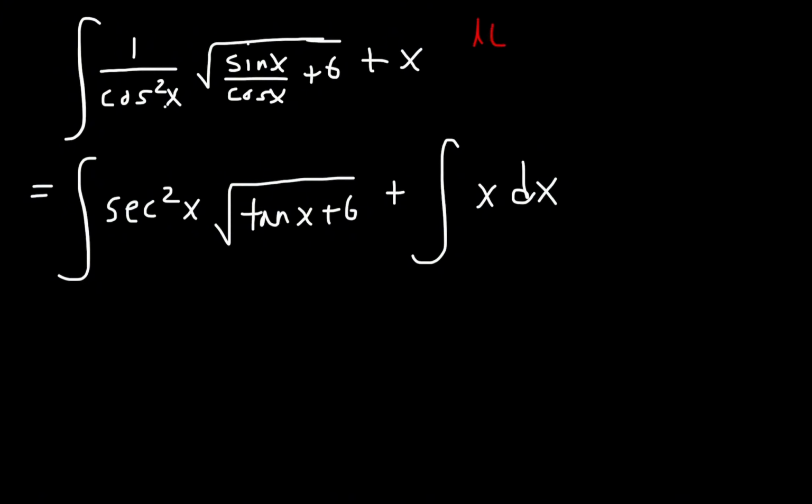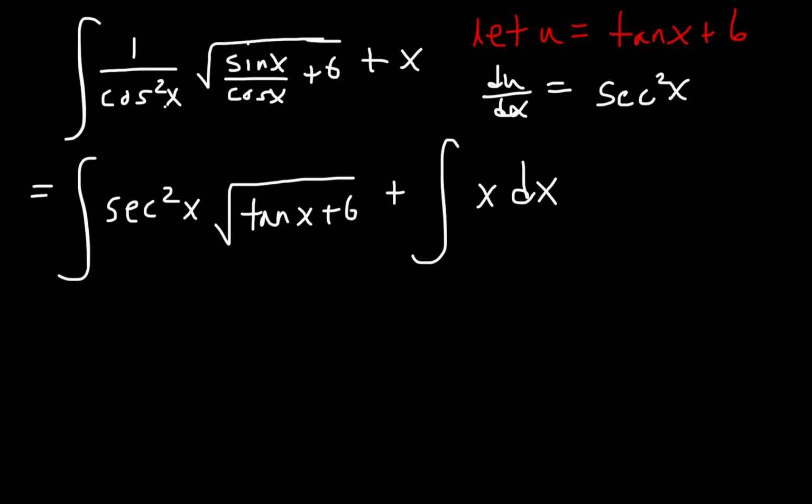And now what we want is to let u equal tan x plus 6. That's the inside function here. If you take the derivative, so du over dx, the derivative of tangent x is going to be secant squared x, and the derivative of 6 is just going to be 0.